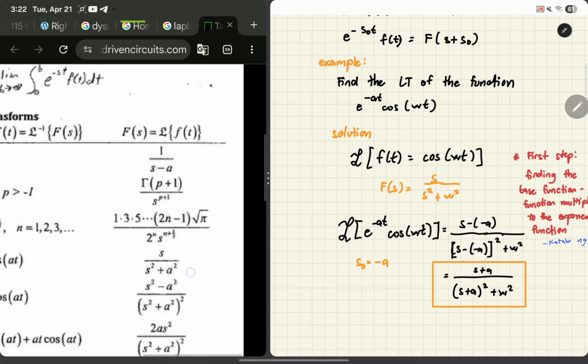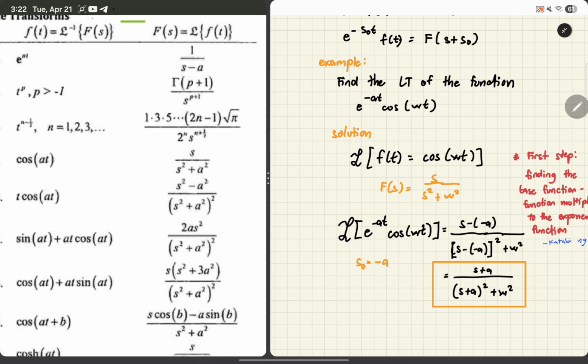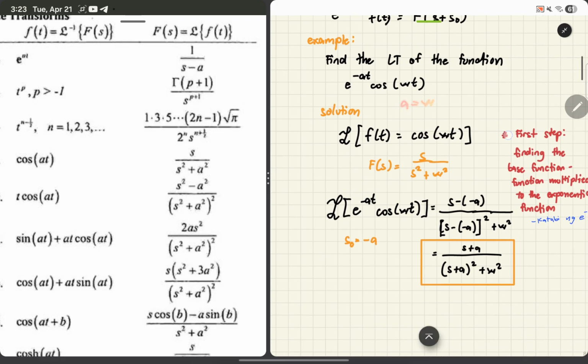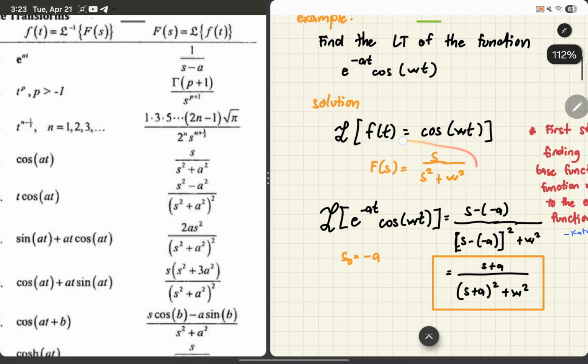So recalling, the Laplace transform of cosine at is simply s over s squared plus a squared, right?